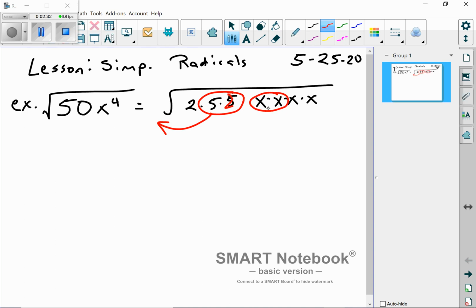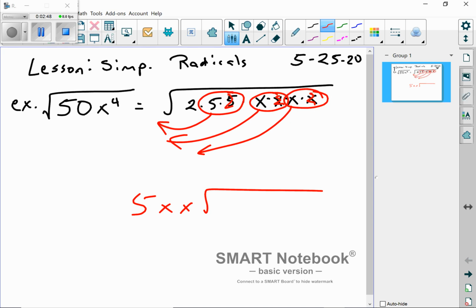A pair of x's, one x comes out, one goes away. Another pair of x's, one comes out, one goes away. So outside, I'm going to have a 5 and an x and another x. What's left inside is a 2, and that's it. So this gets multiplied together. Final answer here: 5x squared, square root of 2.